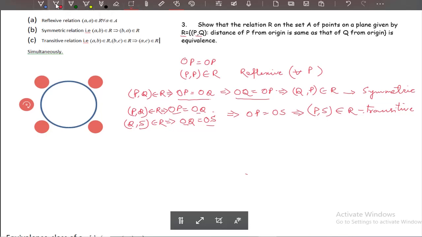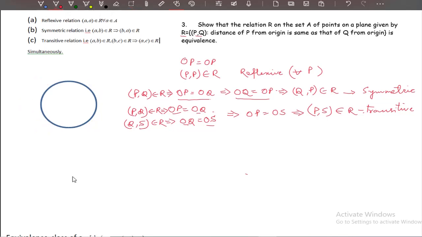Let us think that this is the origin O. Let this be P, let this be Q, OP and OQ are equal, and let this be R. Now if OP equals OQ and OQ is equal to OR, so OP is equal to OR.